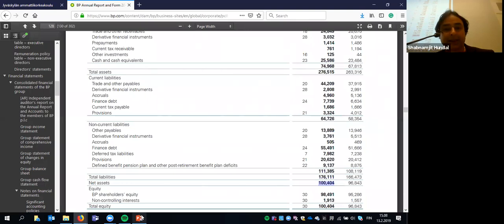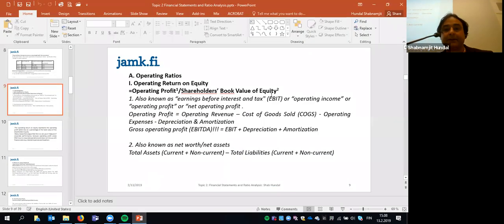I have explained here, in superscript 2, that book value of equity is also known as net worth or net assets. Generally, this is already given. In this case, I didn't even have to calculate it. We just have to pick it.